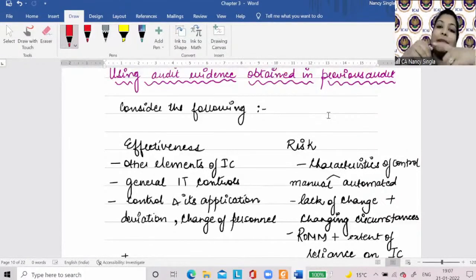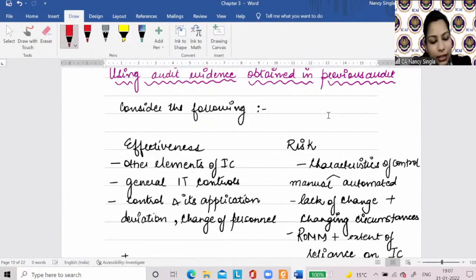Now this year, a computerized system has taken place over the manual accounting system. अब तो उसके internal control है ना. अभी भी थोड़ी ना accounting system के internal control को refer करोगे, है ना. So you can rely but you need to consider the following points.